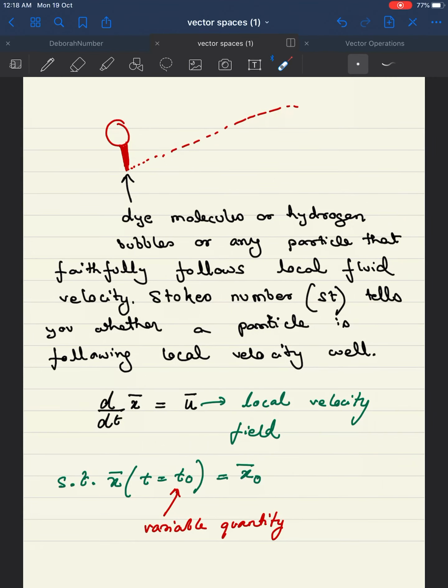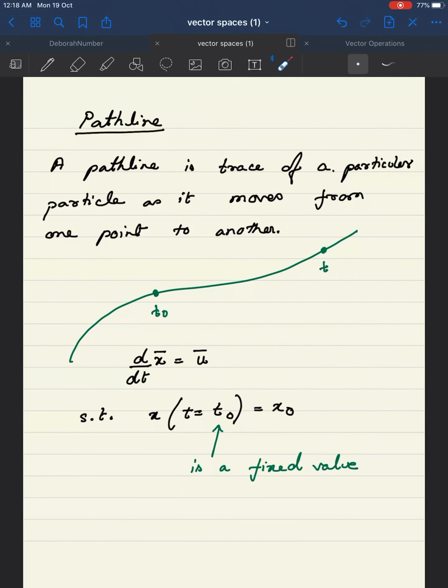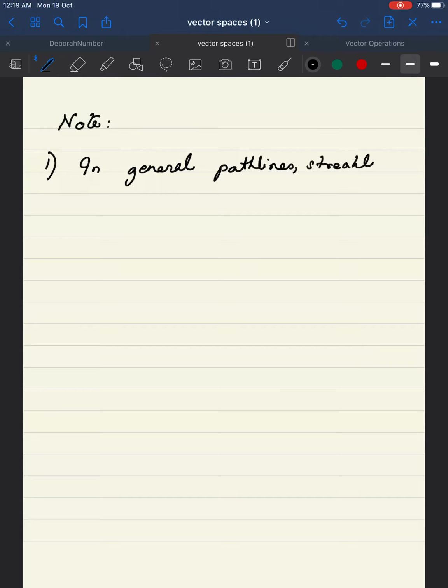Okay, great. So we have seen these three important lines, and all these three lines in general are not the same. Okay, so note, in general, path lines, streak lines, and streamlines are not identical.